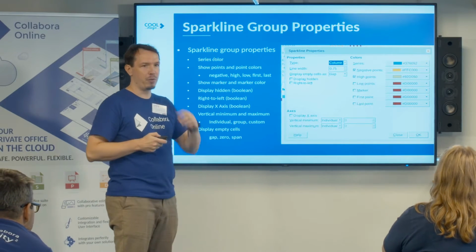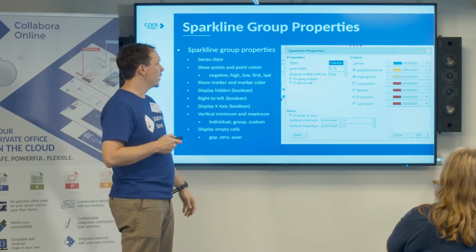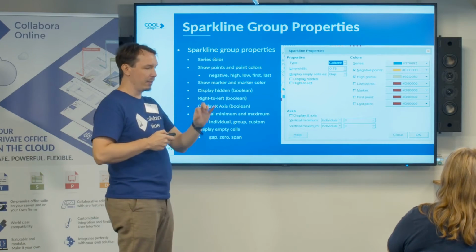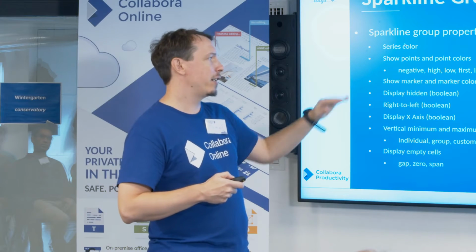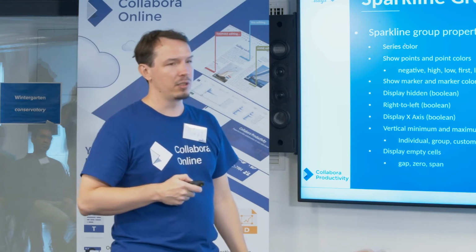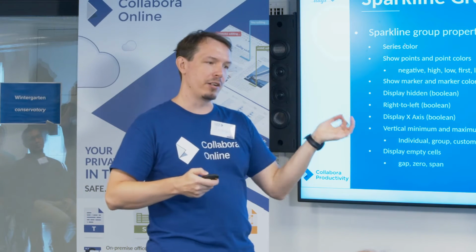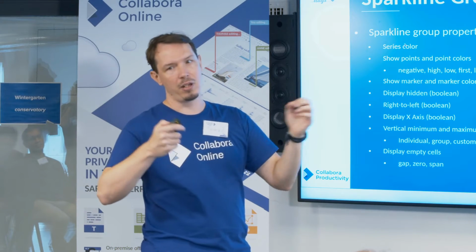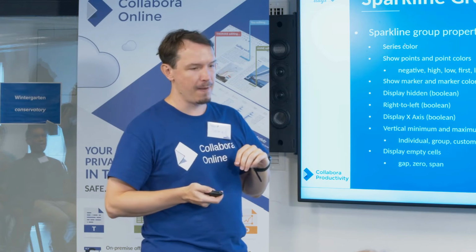For example, if you want to visualize which is the negative point, you can enable this, and for the negative points it will show a marker with this color. There are also various other ones, like a high point, low point, and just a normal marker, and you can also choose the first one and the last one, and the marker will be shown inside the Sparkline.